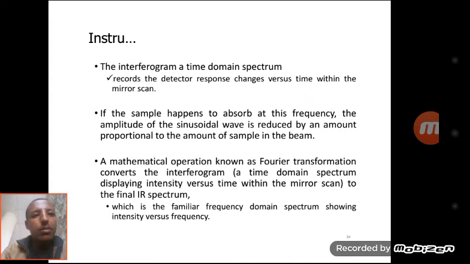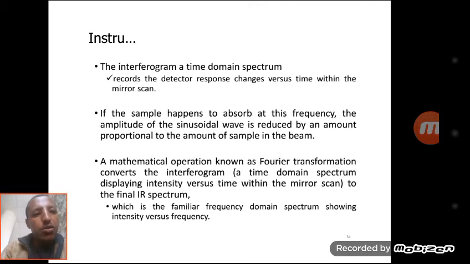The interferogram is a time domain spectrum, which records the detector response changes versus time within the mirror scan.